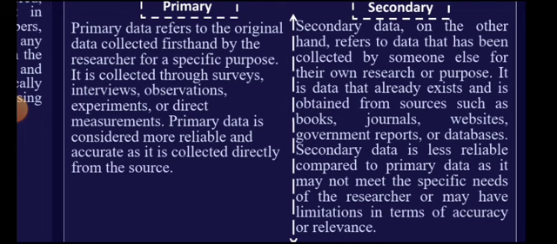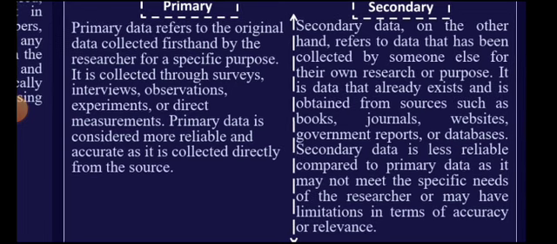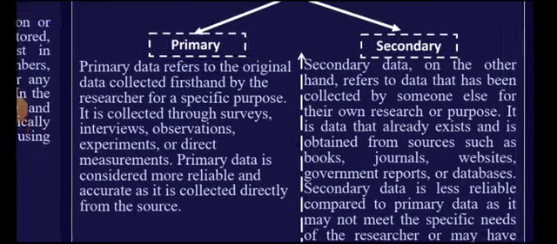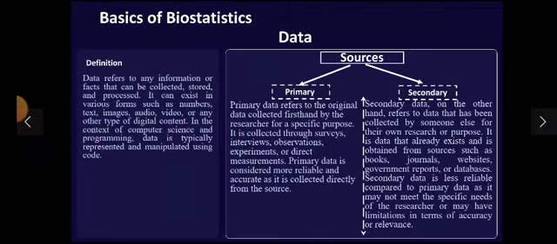The problem with secondary data is that it is less reliable compared to the primary data, as it may not meet the specific need of the research and may have limitations in terms of accuracy or relevance. Because this secondary data is data that you collected for another study, another experiment, another hypothesis, it cannot be as accurate as the primary data.